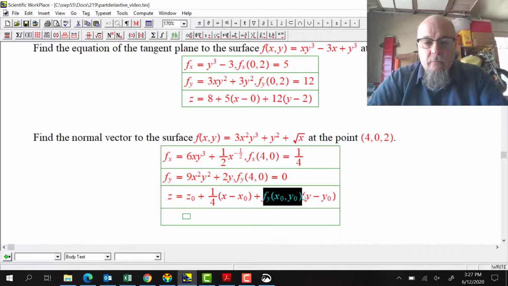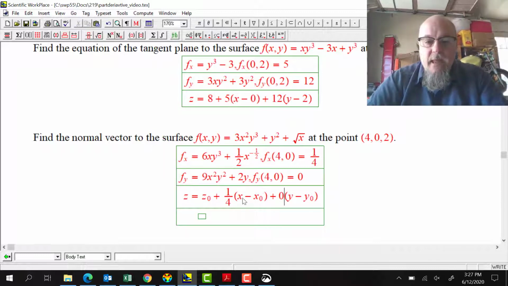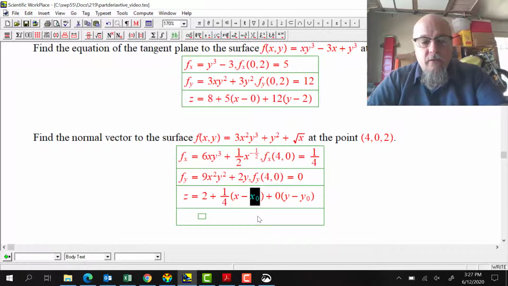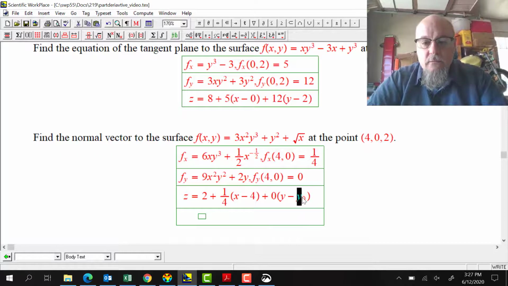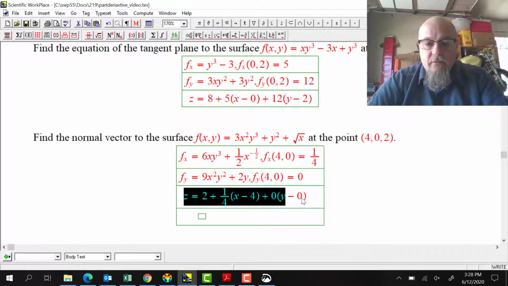This is a number. It's the number 0. Now, x naught, y naught, z naught is the point 4, 0, 2. So there's z naught. There's x naught. There's y naught. And when we simplify this, let's simplify this.